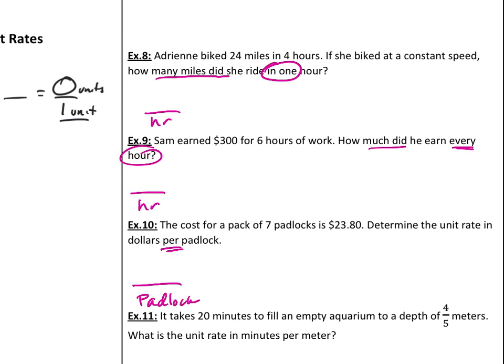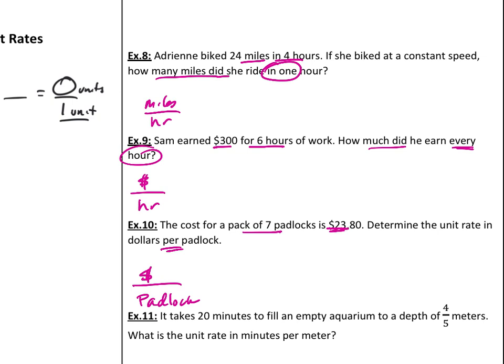okay? I personally teach you in class and here to go ahead and just write out the units to start with. So write out miles, because we're going miles in 4 hours, right? Dollars in 6 hours, so we're going to have dollars up here, right? The cost per padlock, so it's dollars again, right?